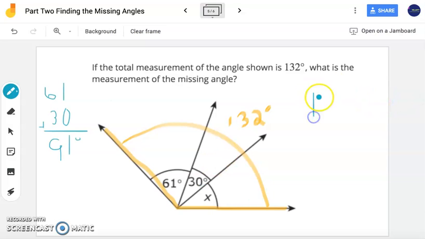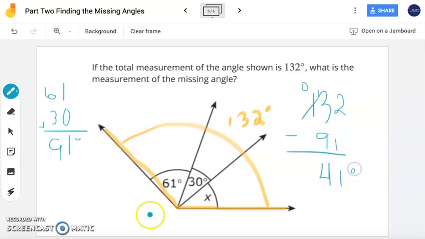So now I'm going to take the whole, 132 degrees, minus my part to help me find my other part. So once I do this, wow, I see I can't do 3 minus 9, so let me borrow again. And 13 minus 9, I'm left with 4, giving me an answer of 41 degrees.